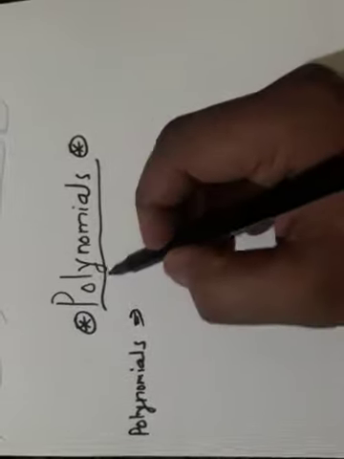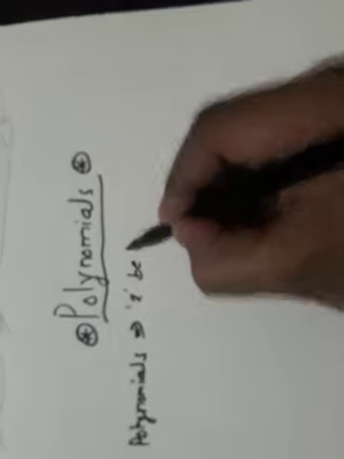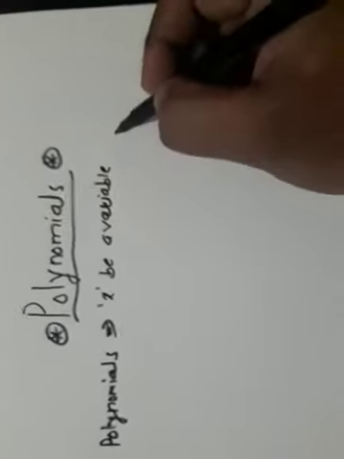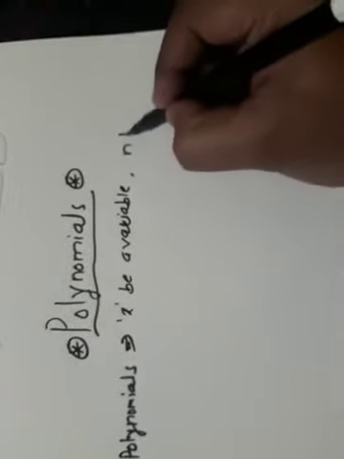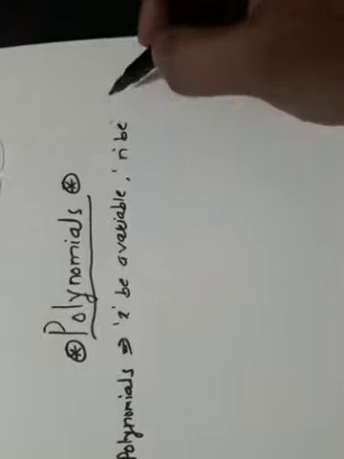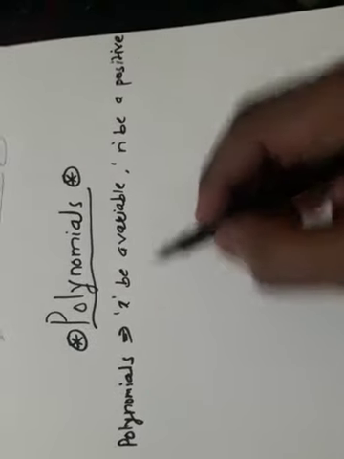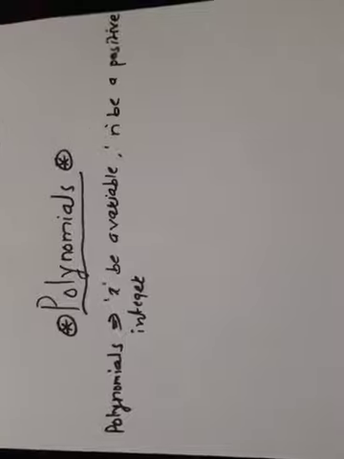Look carefully, you will come to know that. Suppose x be a variable, n be a positive integer. Try to understand what is meant by polynomial.